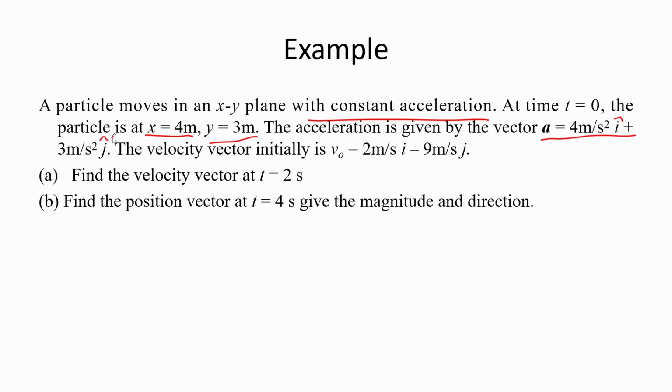The velocity vector initially is 2 m/s i hat minus 9 m/s j hat. Find the velocity at t equal to 2 seconds and find the position vector at t equal to 4 seconds. Give the magnitude and direction.